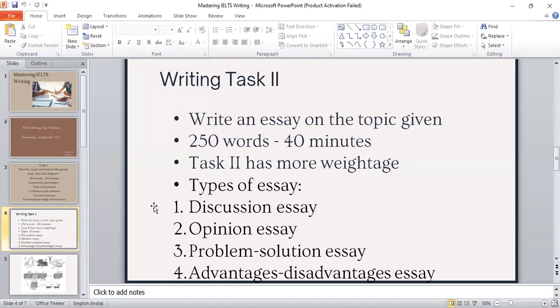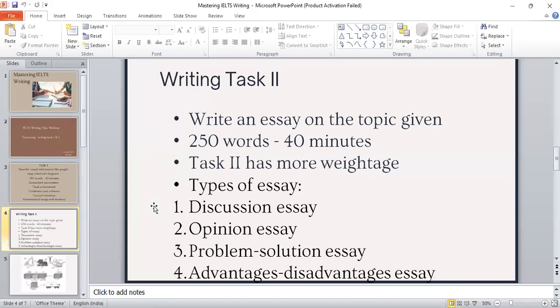Coming to task 2 of IELTS general, you will be asked to write an essay in response to a point of view. In IELTS Academic, task 2 was to write an essay on the topic given.